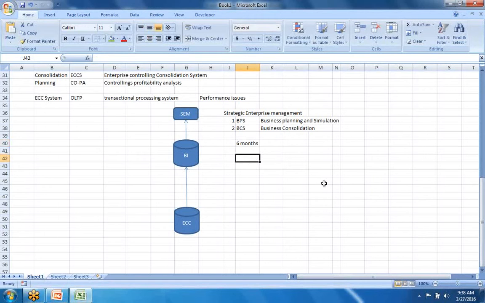And moreover, these solutions from SAP were of the theme that they were owned by IT, managed by IT, and business was a power user or an end user.